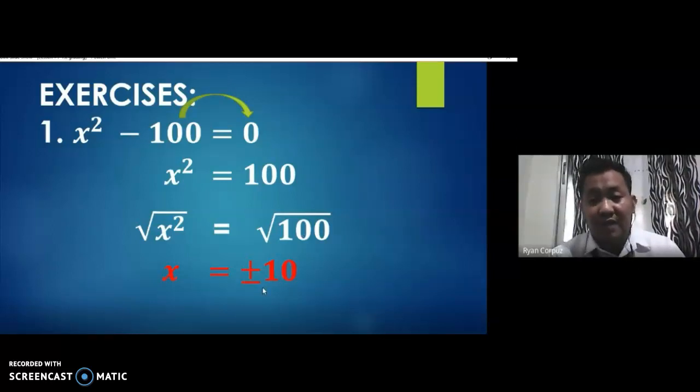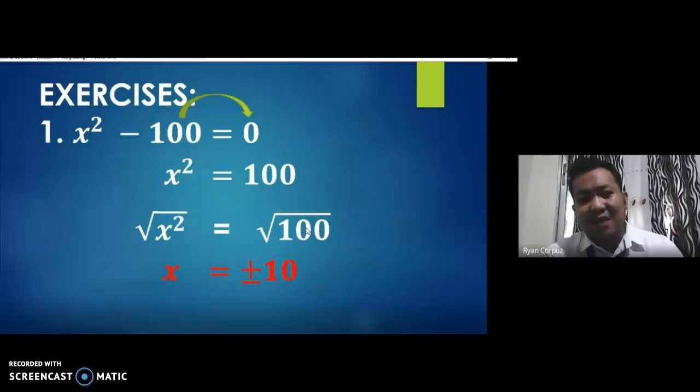If you multiply negative 10 times negative 10, that's also equal to 100. So that means when you get the square root of 100, it's not only 10, but we also have to consider negative 10 as an answer. Because as we said, a quadratic equation has two solutions. So it's not only positive 10, but also negative 10.